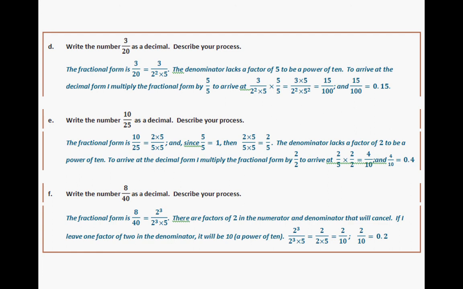The only problem is 1/5 is not a decimal, so you'd have to multiply. So you have 1 times 2 over 5 times 2. So now you have 2 over 10, and 2 tenths is 0.2.